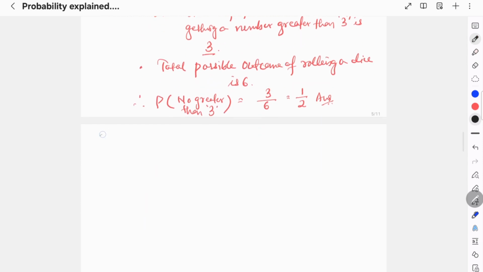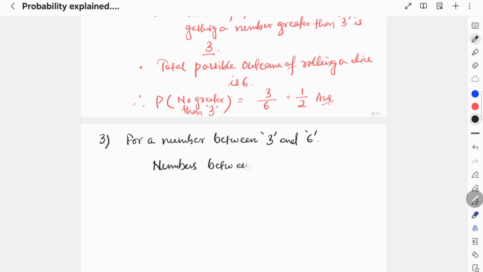In the last part they are asking the probability of getting a number which is between 3 and 6. So when we see the numbers, it is from 1 to 6 because these are the possible numbers which can appear.